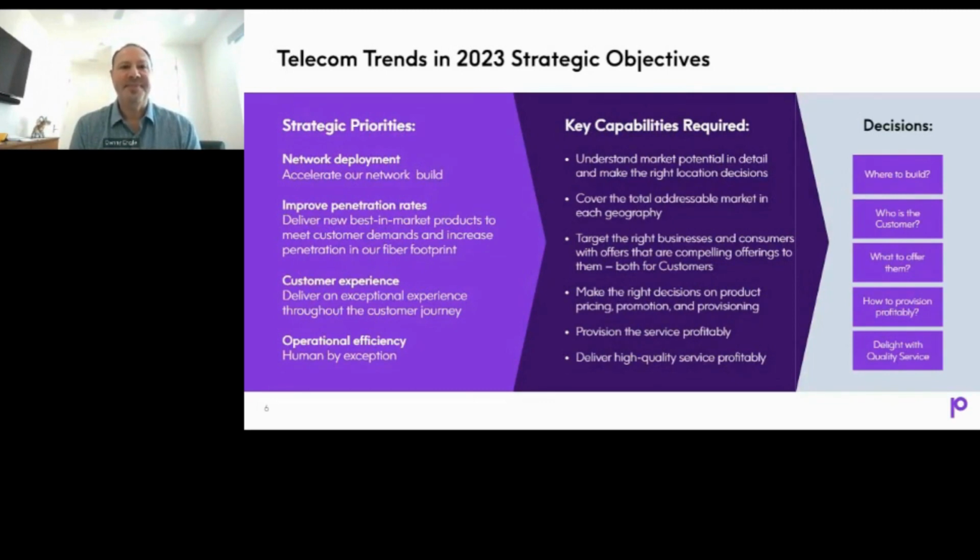And even in that case, if those anomalies rise to a human, we make sure we give the human enough information to quickly resolve the issues. So these are some of the priorities we're seeing.